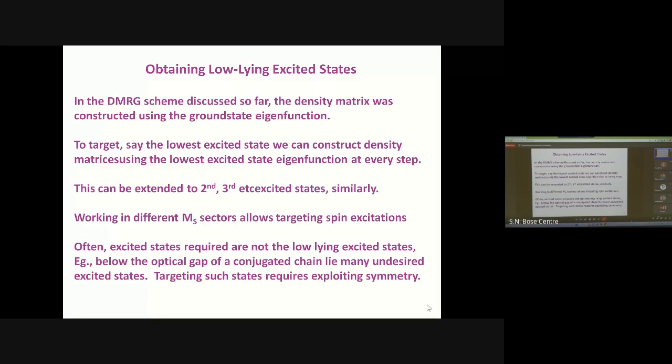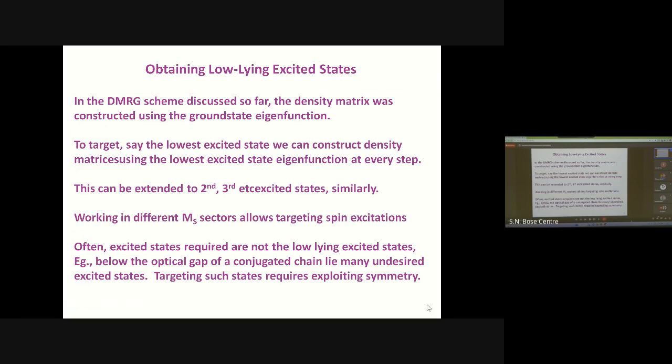So you start with psi 2, get the density matrix from psi 2, construct the renormalized Hamiltonian from the density matrix eigenvectors, and again from the renormalized Hamiltonian get the second eigenstate, construct the density matrix from it, and so forth. So you always have to start with the second eigenstate.